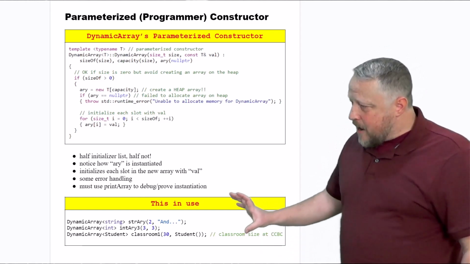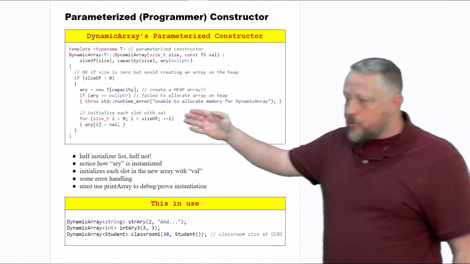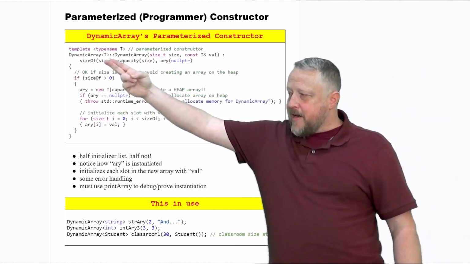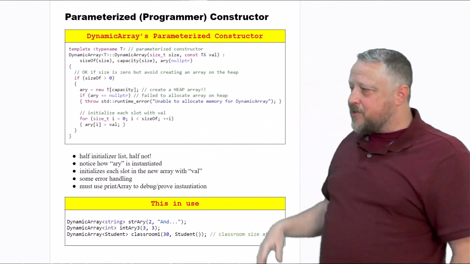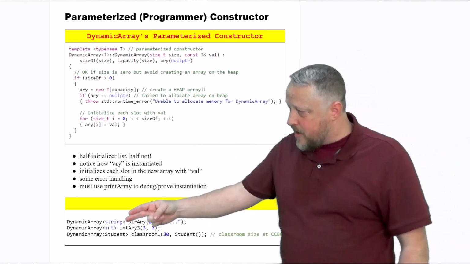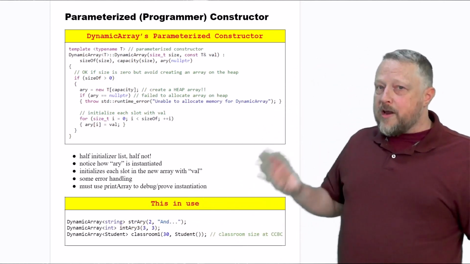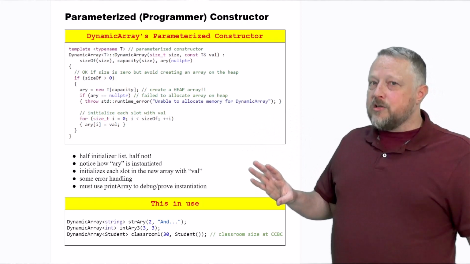So that's how we're doing the usage, and that's how we're creating all of this using our templated angle T, or T itself, telling us that I can use any data type I want, a string, an integer, or a student, and this code should work out. I know it's a leap, but bear with me.